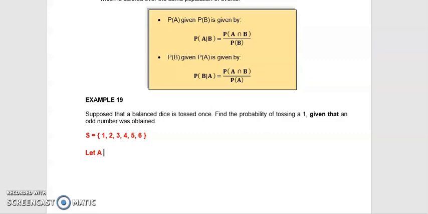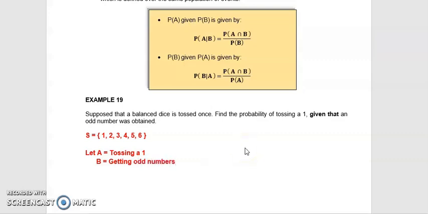Let A be the event tossing 1, which means that when you toss that dice, you will get number 1. And let B be the event of getting odd numbers.